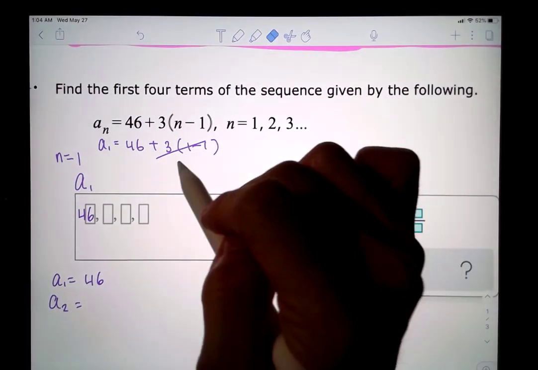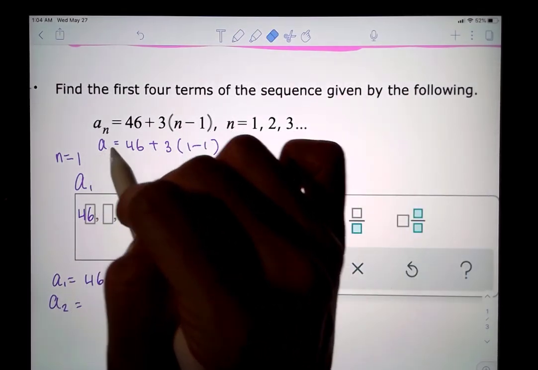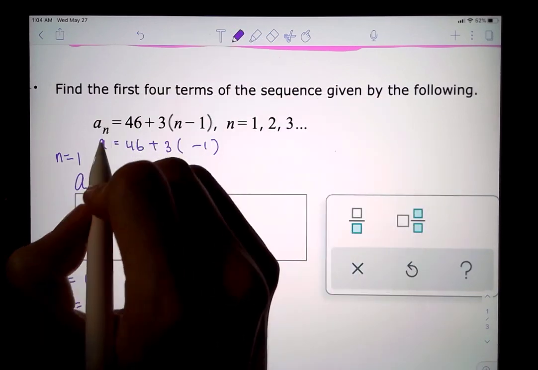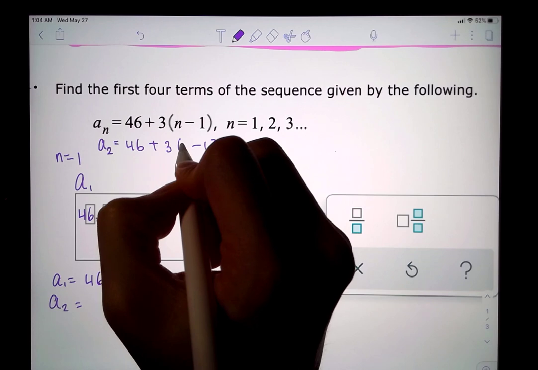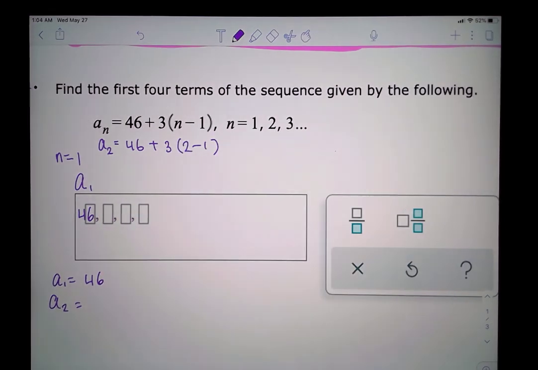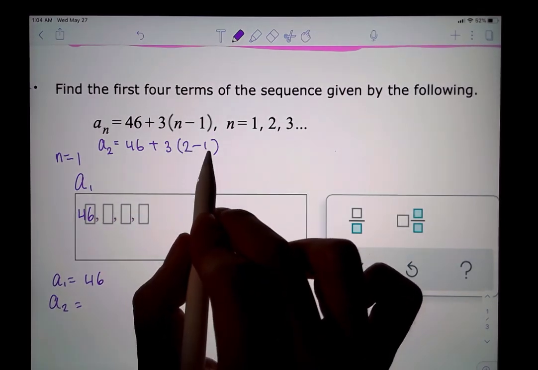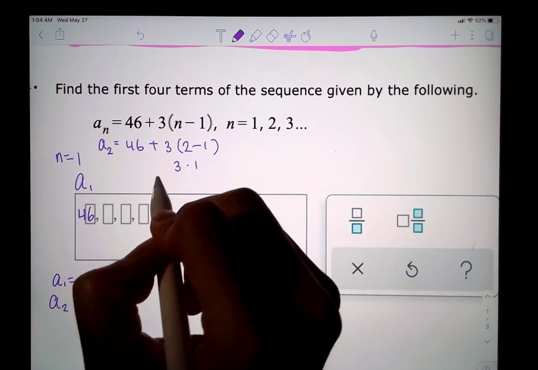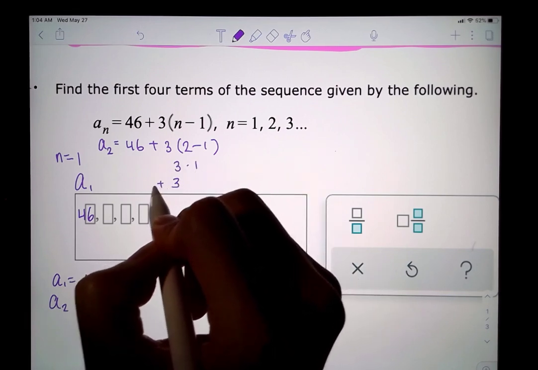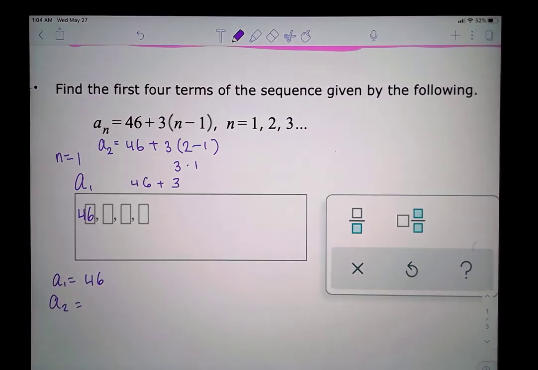So what do we do? We put 2 into N like this, right? Then 2 minus 1, that's 1, right? Times 3. So it will be 3 here and 46. So you're adding what? You add 3.